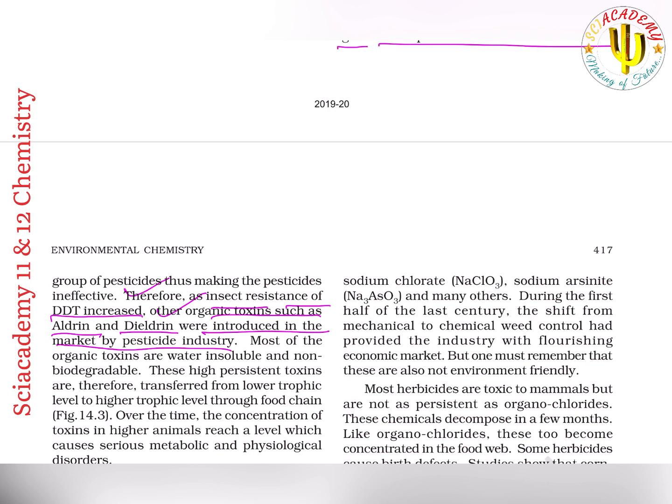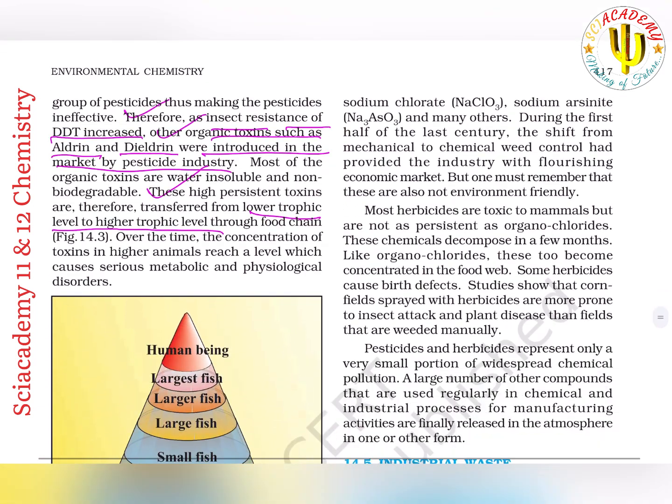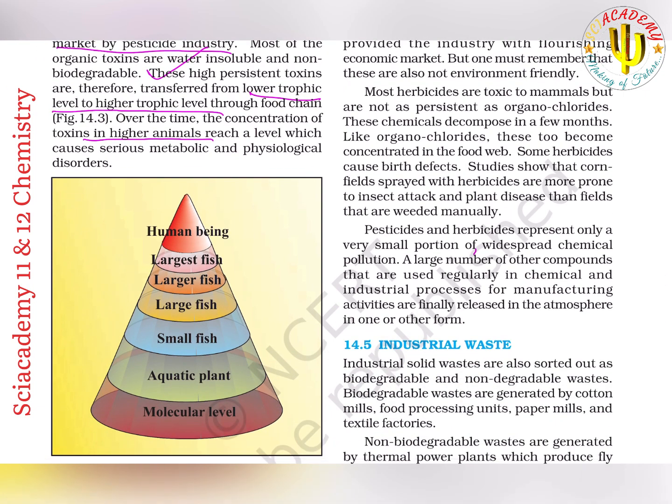Most of the organic toxins are water insoluble and non-biodegradable. These highly persistent toxins are therefore transferred from lower trophic level to higher trophic level through the food chain, Figure 14.3. Over time, the concentration of toxins in higher animals reaches a level which causes serious metabolic and physiological disorders.